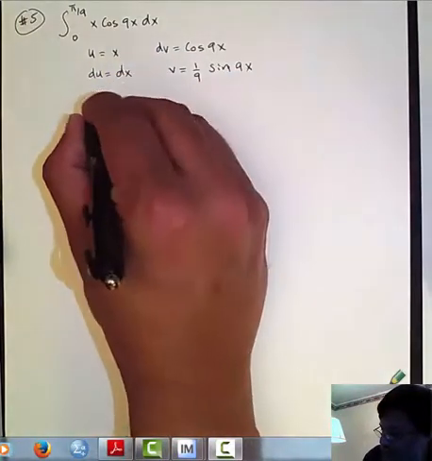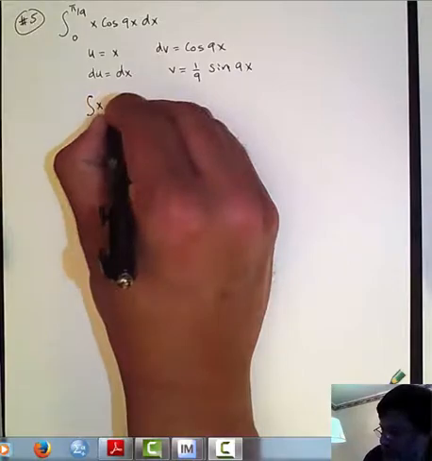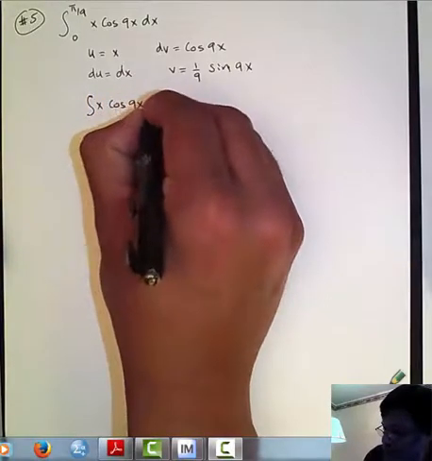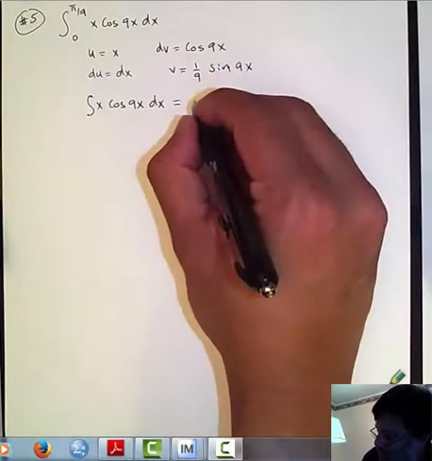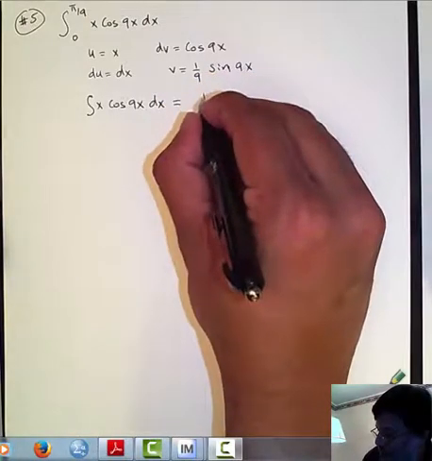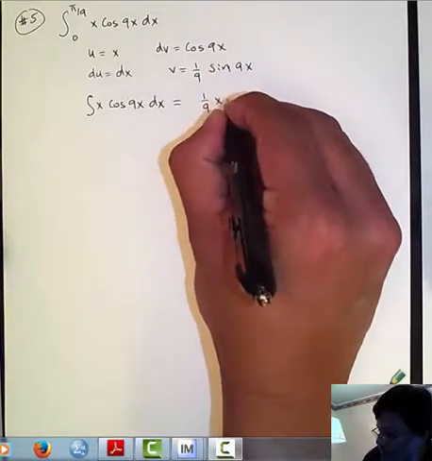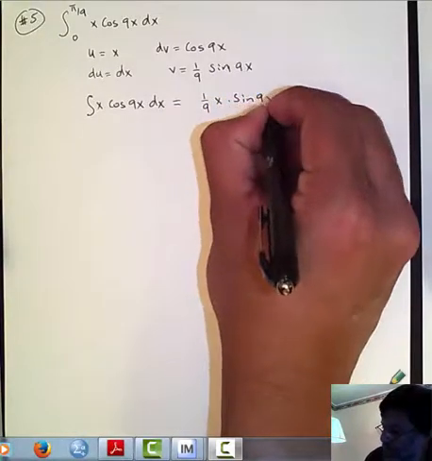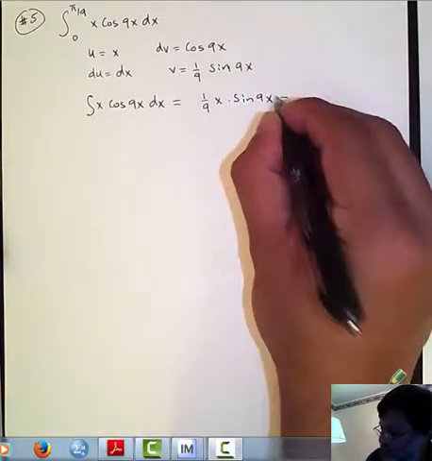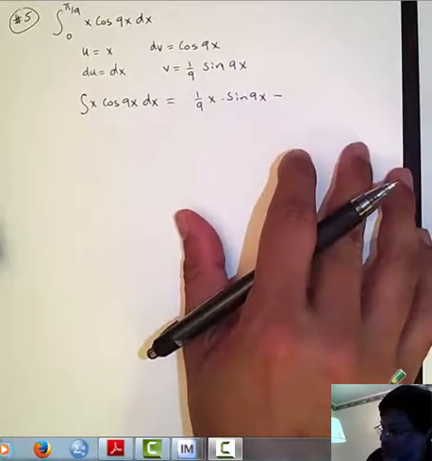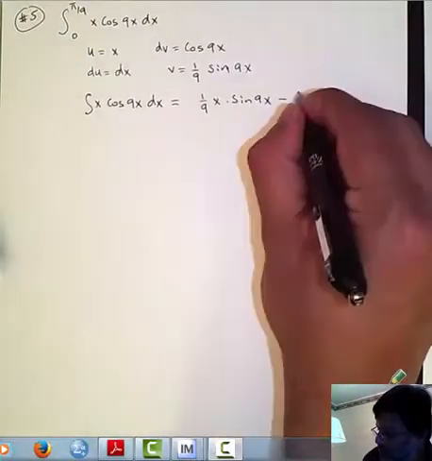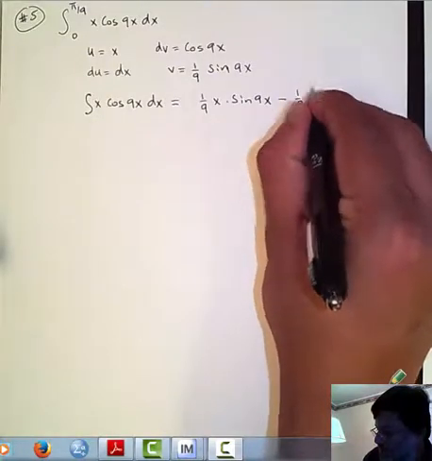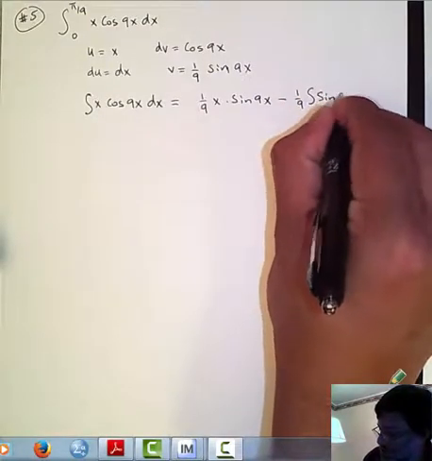So integration of this, and we're going to put in the limits a little bit later. Okay. It's uv, or 1/9 x times sine 9x, minus integral of v du. That means integration of 1/9 sine 9x dx.